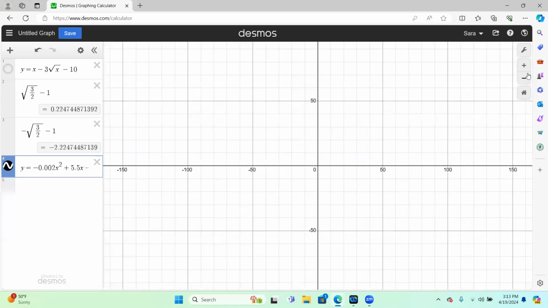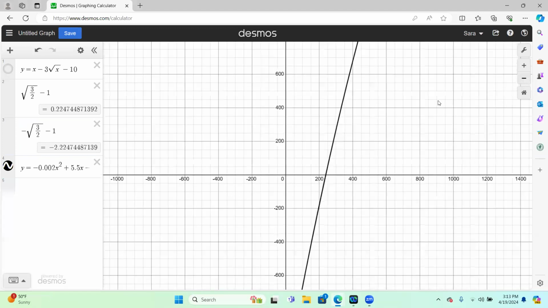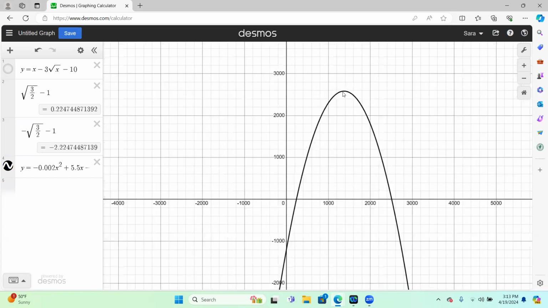Okay, so we're going to have to do a lot of zooming out because we want to find the maximum. It looks like right there is our maximum, and so I'm just going to write that point down on my paper.